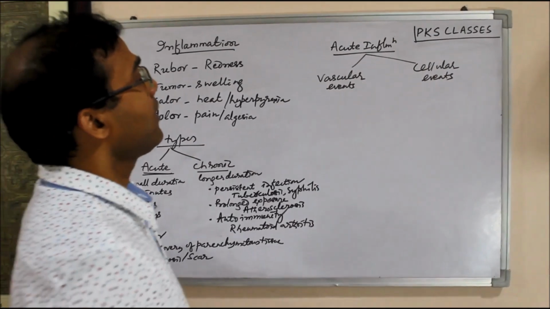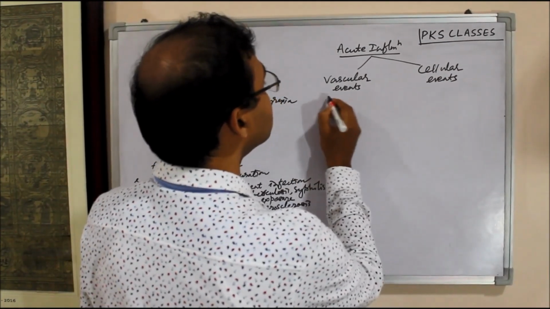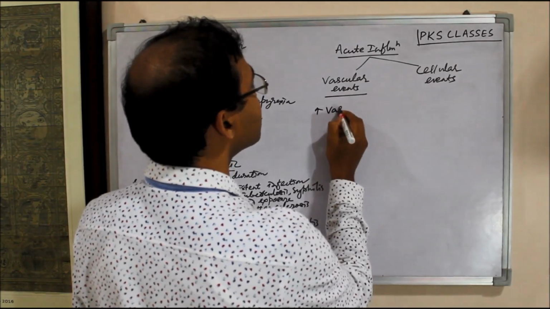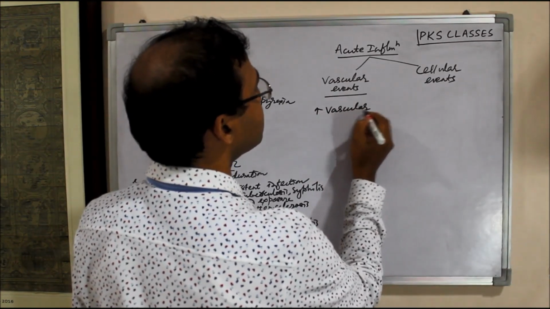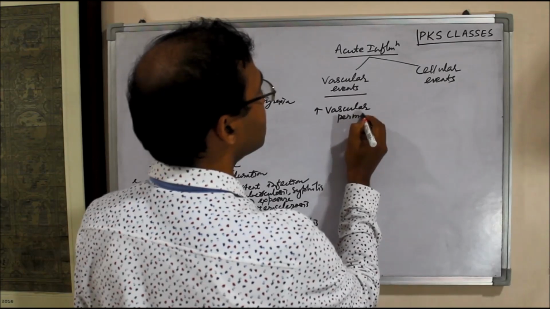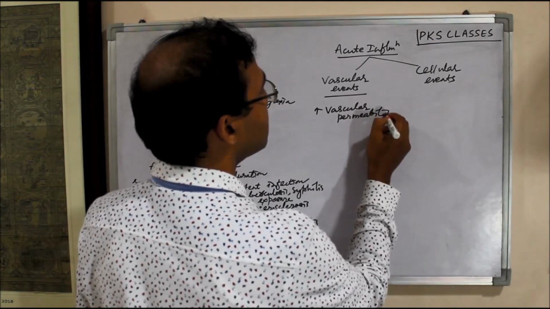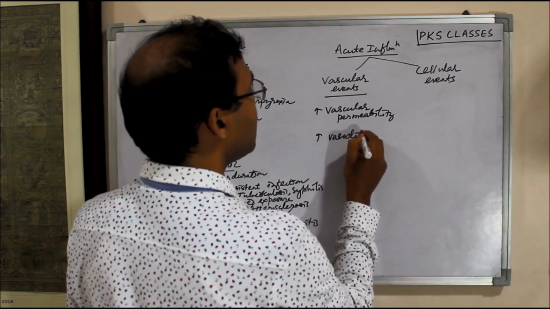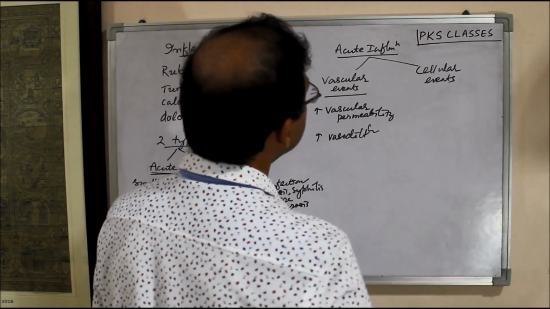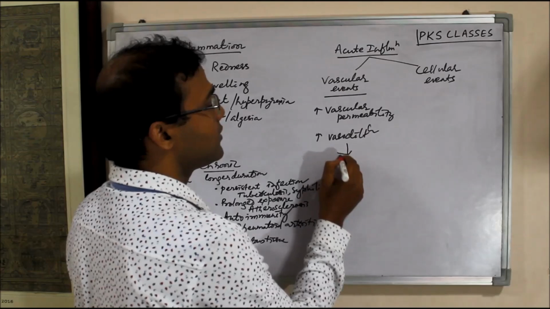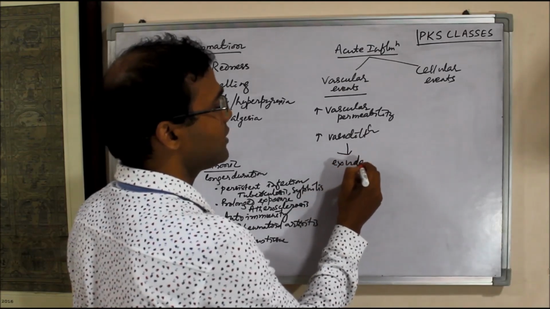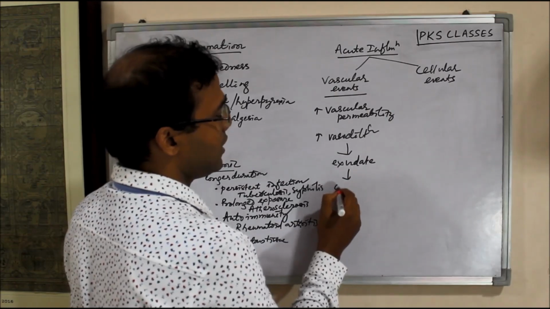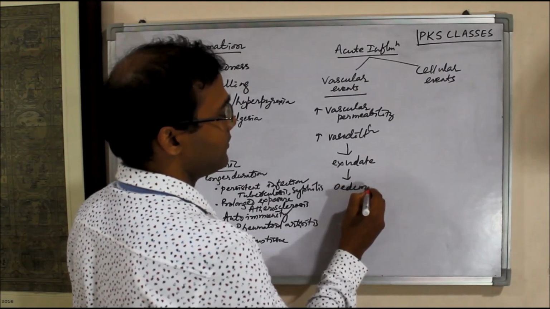In the vascular events, mainly there is increased vascular permeability and there is vasodilatation. So there is release of exudate into the extravascular tissue, and this results in edema.